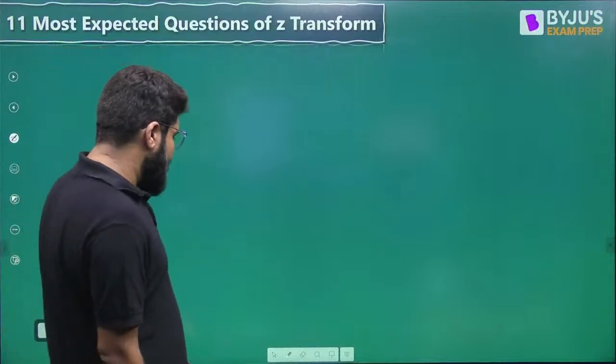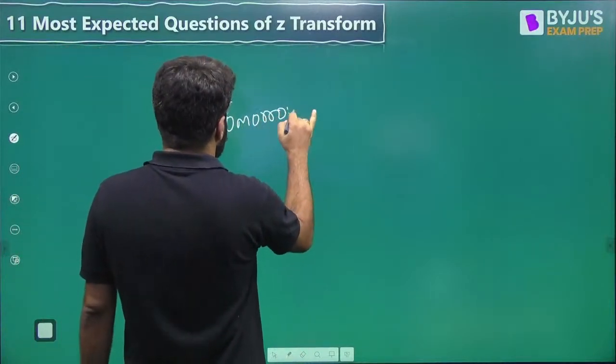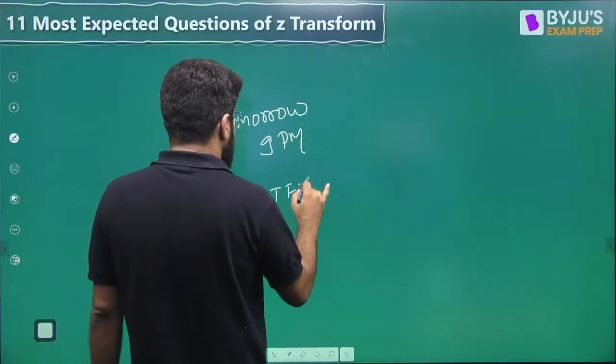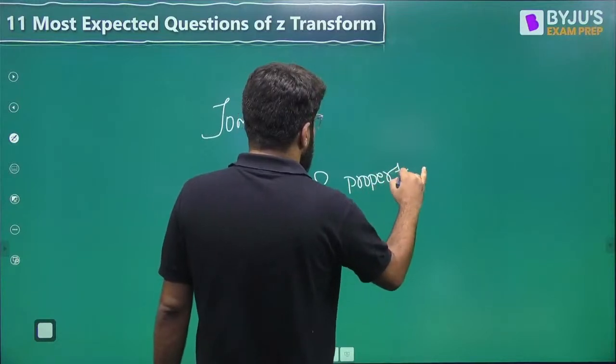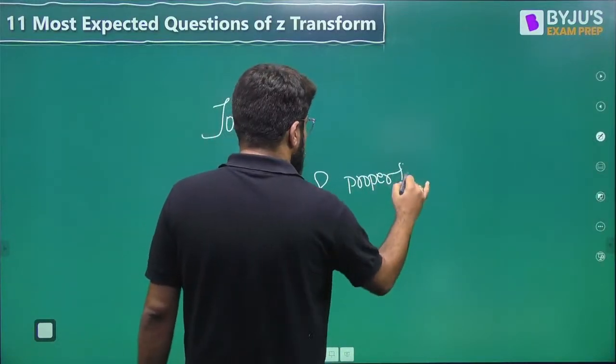A quick reminder, guys: tomorrow, same time, 9 p.m., I am having the session on DTFT and its properties. As I told you, DTFT and Z transform have a very good connection that I showed you in the first class also.